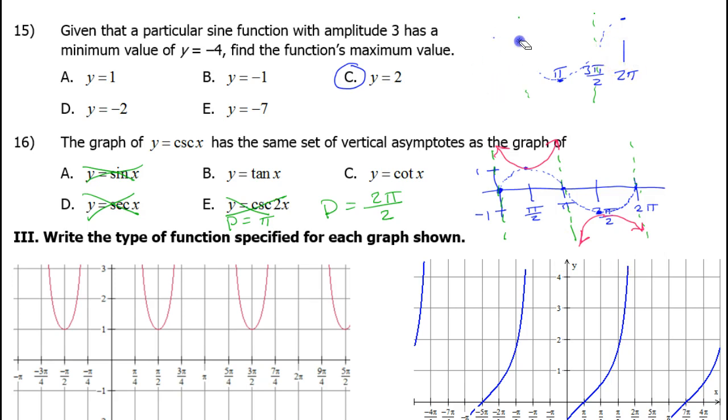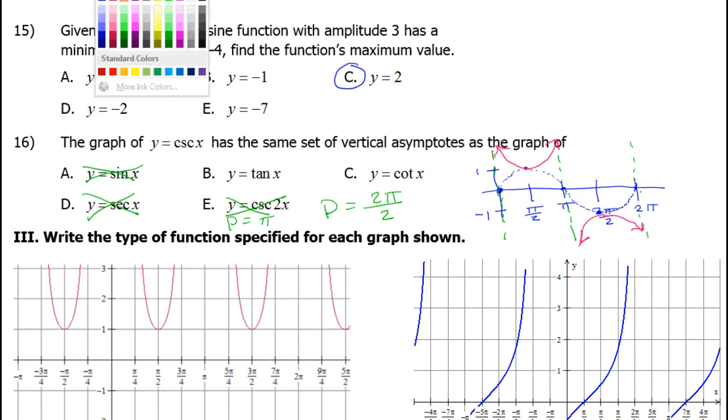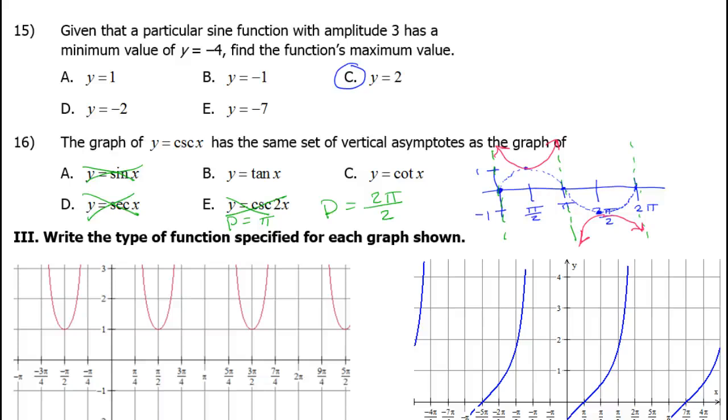So let me erase this mess, and let's take a look at tangent and cotangent. Alright, let me start with tangent. So man, you really have to know your stuff to be able to answer this question. This is a really powerful question. So y equals tangent x. Let's take a look at that, people.